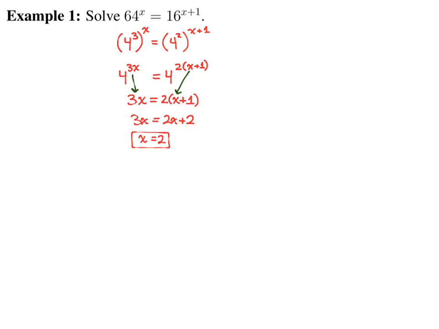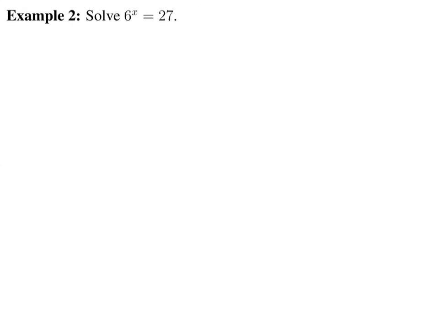Now, the second one isn't quite so pleasant. It starts as 6 to the x equals 27, but there's nothing nice you can do exponent style like the first example. So you're stuck changing it into logarithm format. So as a clue, whenever you're looking at x and it's in the exponent and you don't want it there because you want to be able to do things with it, logarithm format.